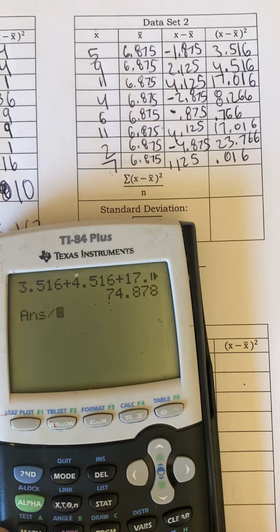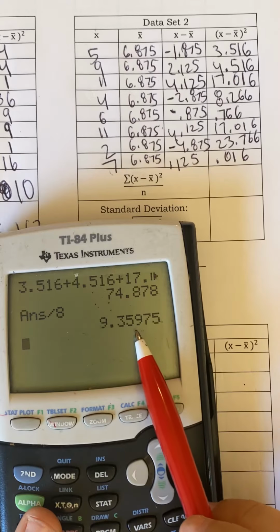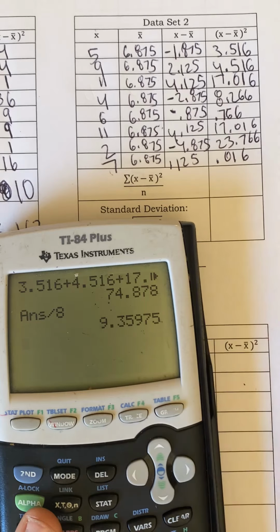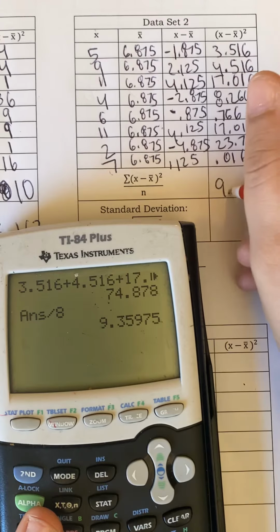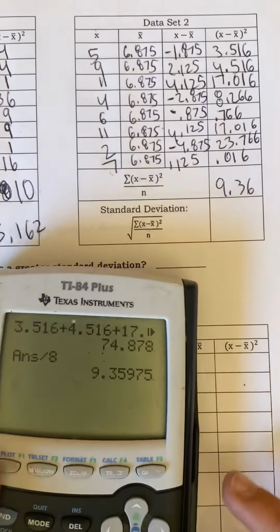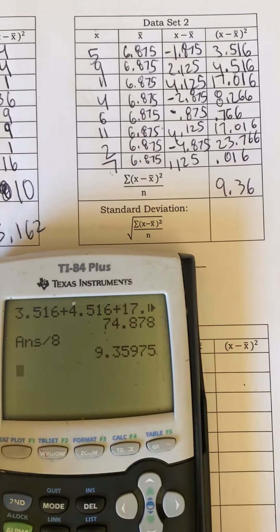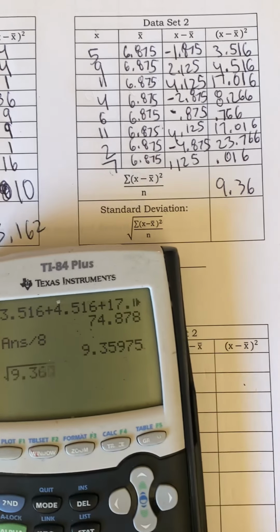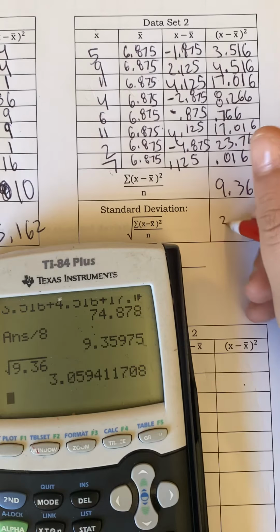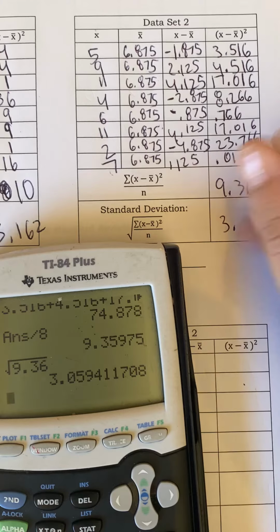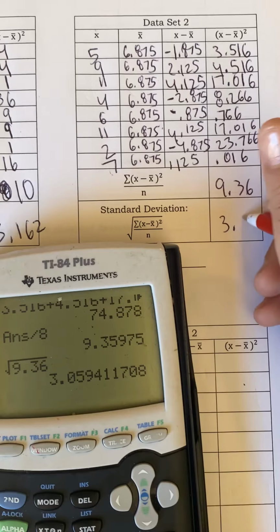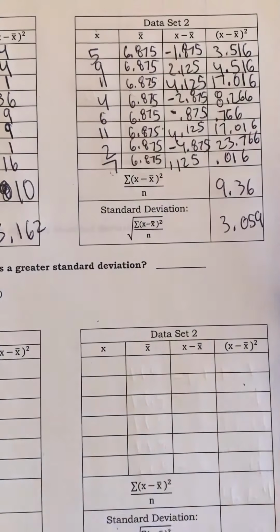And then divide by 8, which gives us 9.36. And then the very last thing is to square root that. 9.36 to give us 3.059.